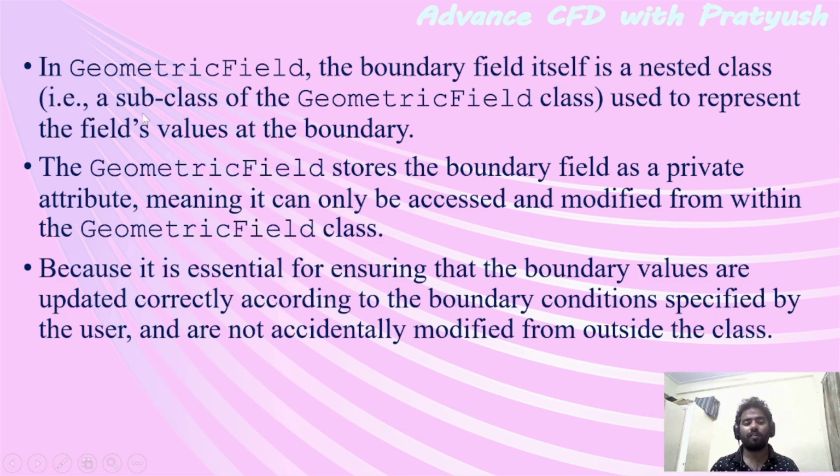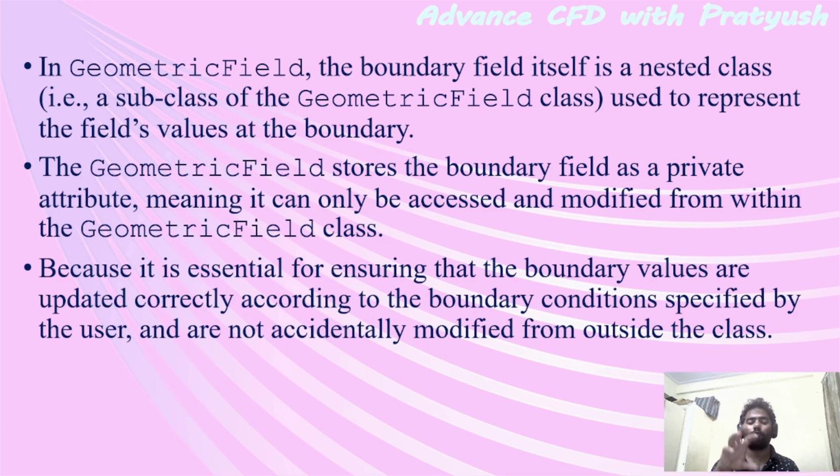So boundary is a subclass of the geometric field, and the geometric field stores the boundary field as a private attribute. Okay, so what does private attribute mean? It means that it can only be accessed and modified within the geometric field class. It cannot be accessed or modified outside of the geometric field class.